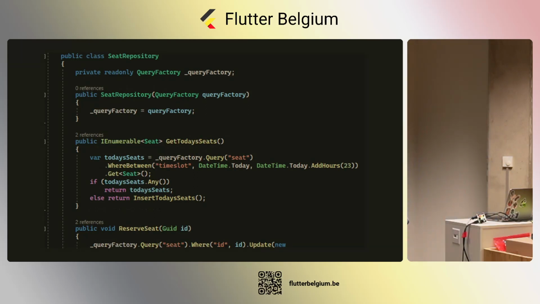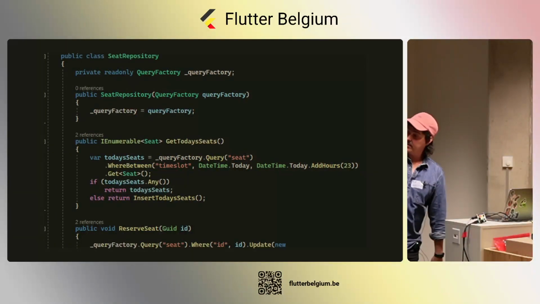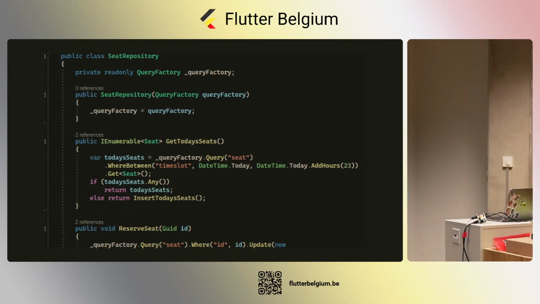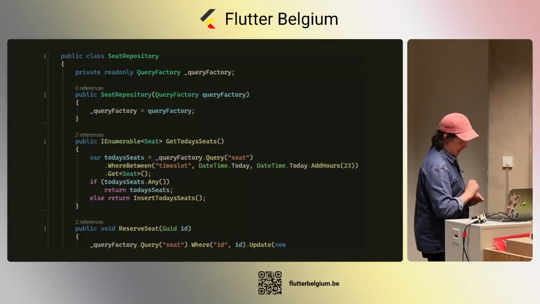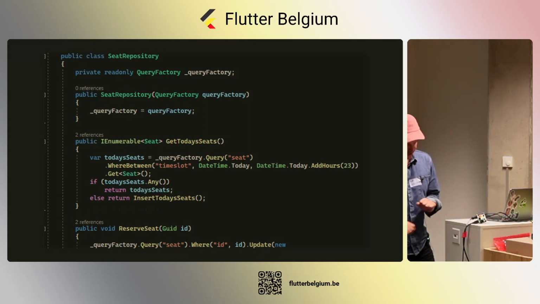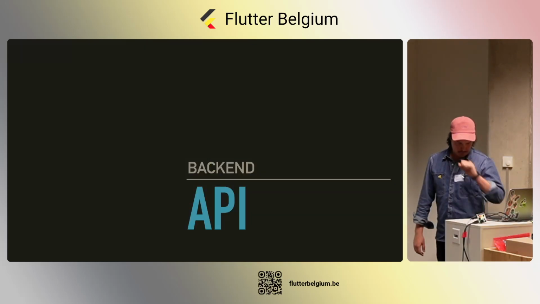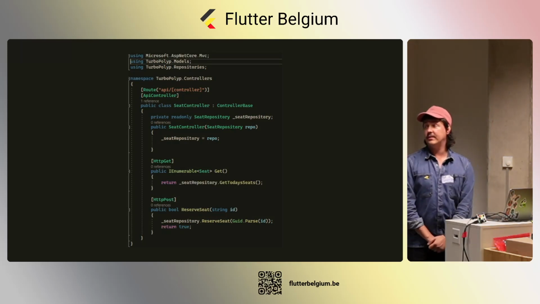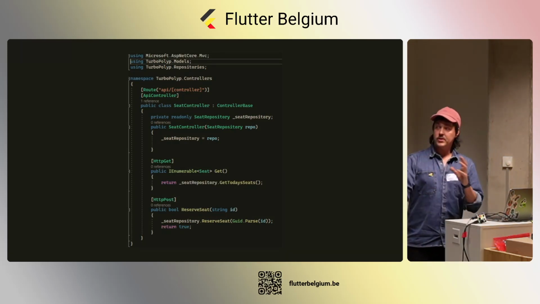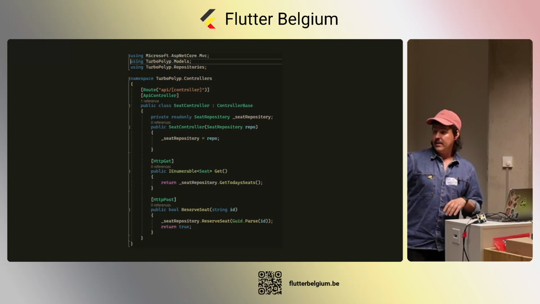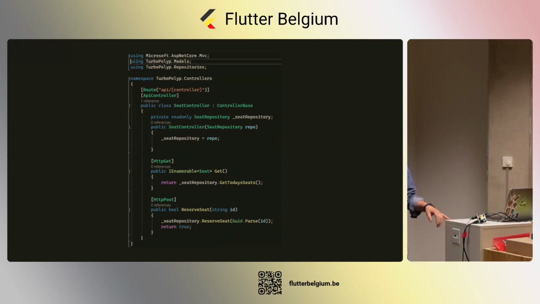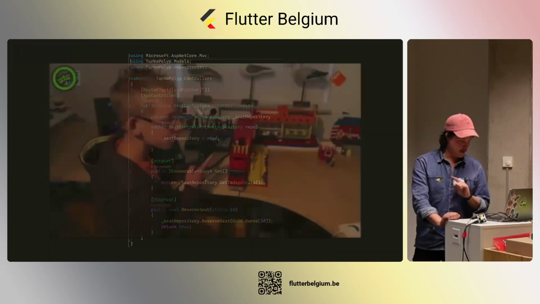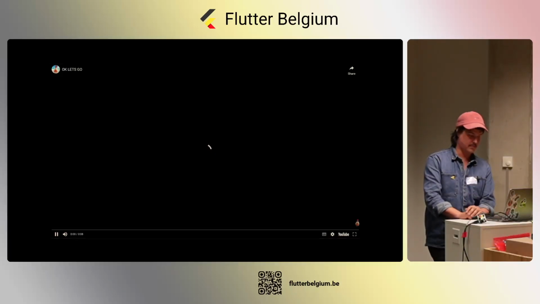So getting today's seats, if there aren't any seats found, it will just insert the seats with a simple algorithm, and an option to reserve a seat based on the ID. And then to fetch the seats, this is just a REST web API, and just get the seats in JSON format.